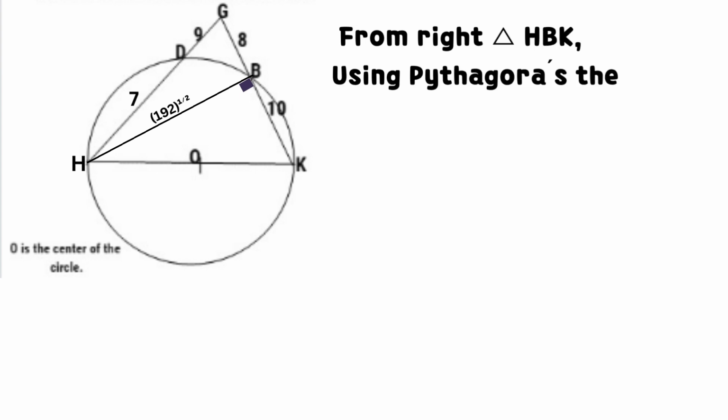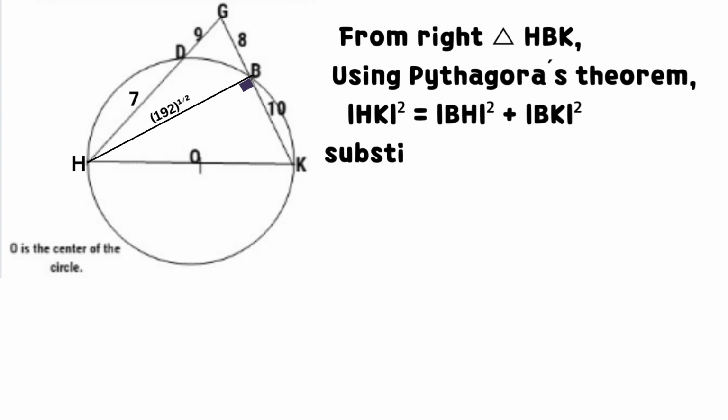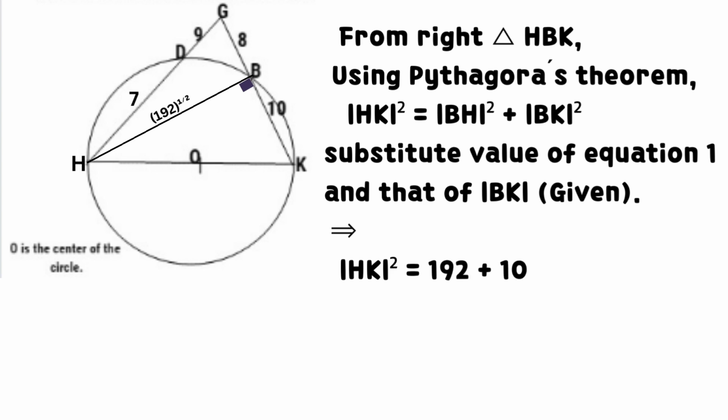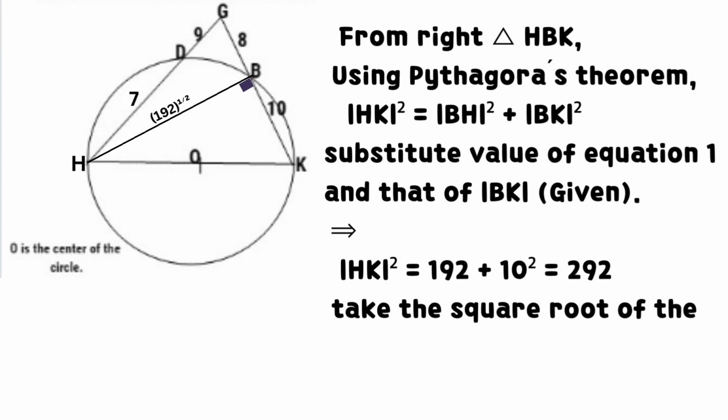From right triangle HBK, using Pythagoras theorem, the square of HK equals the sum of the square of BH and the square of BK. Substitute the value of equation 1 and that of BK. We have that the square of HK equals the sum of 192 and the square of 10, which equals 292.